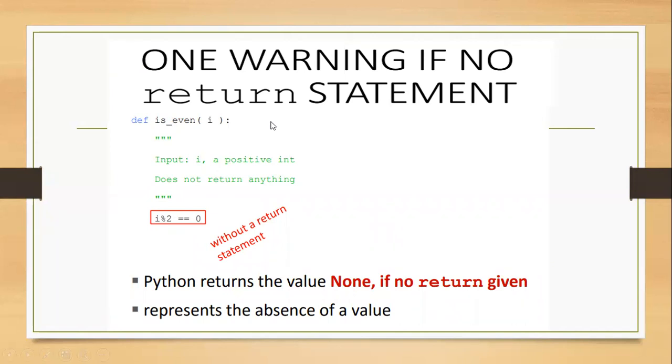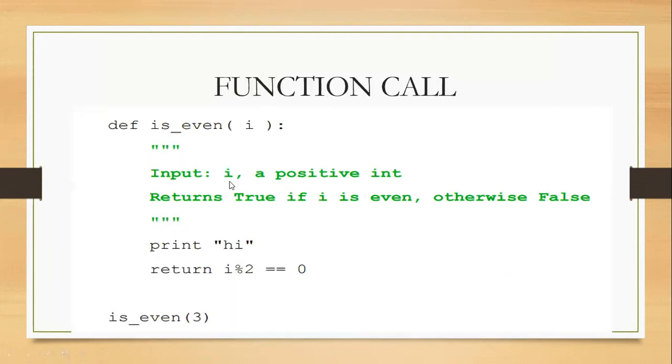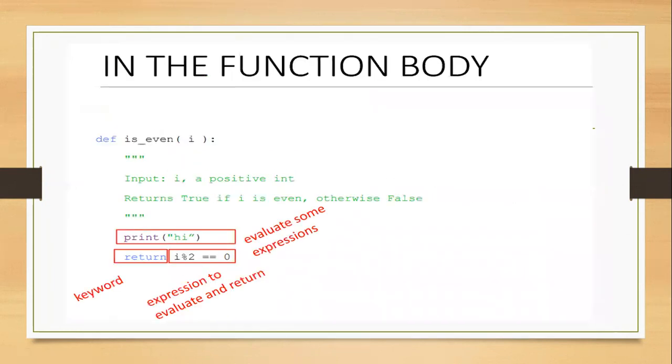Yes, because this is a comment. You see, def is written in blue. Return is written in blue, print is written in purple, and then this part is written in green.